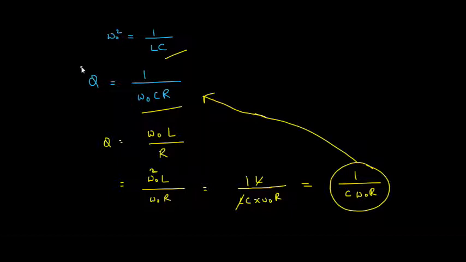This is also a relation. If C is known, R is known, and omega naught is known, we can find the quality factor Q.